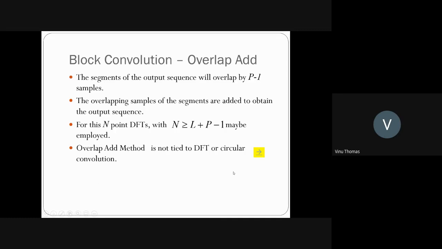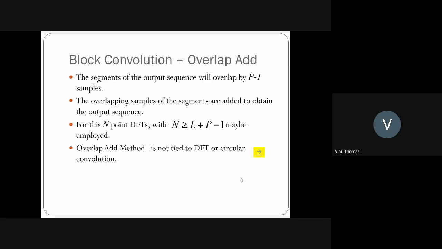So here we make use of the principle that if you do an L plus P minus 1 circular convolution, you get the same result as that of linear convolution. Now, we will use the second observation regarding circular convolution, which was that when you did an L point circular convolution, the samples from 0 to P minus 2 were incorrect, and the samples from P minus 1 to L minus 1 were correct.